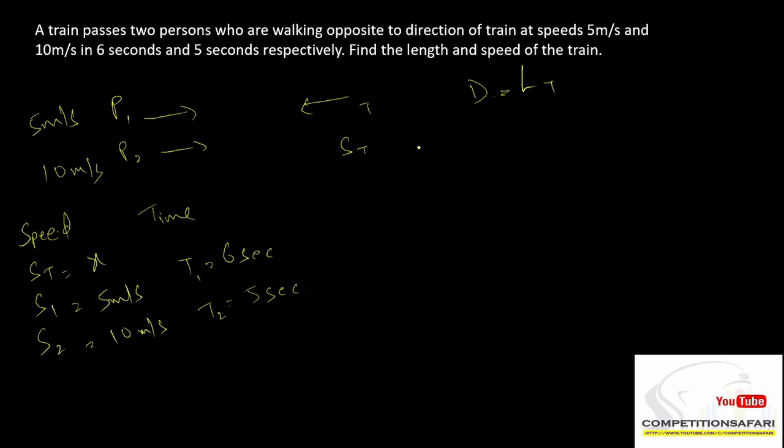We are given two different times and two different speeds. So the relative speed with respect to person 1 should be the speed of the train, which is x, plus the speed of person 1, which is 5, so x plus 5, and for person 2 it should be x plus 10.